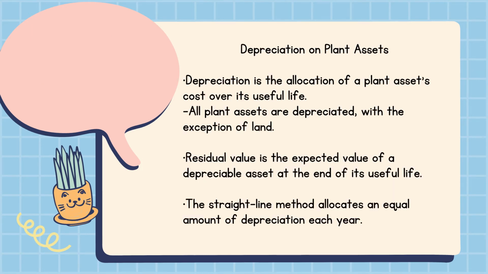Now the third example on deferred expenses is depreciation on plant assets. Now what does plant assets mean? Plant assets are long-lived assets that have physical substance, so we can touch them. Plant assets are what?